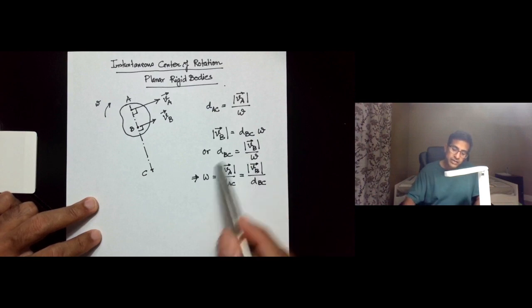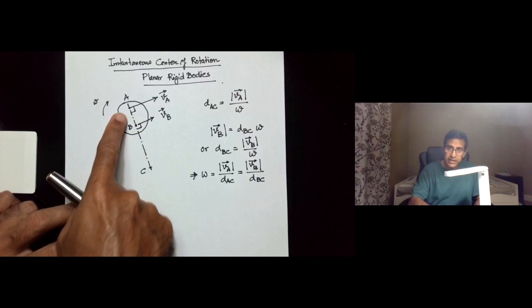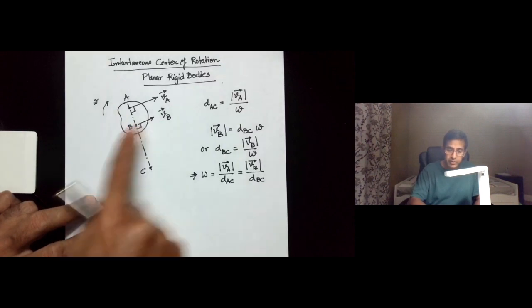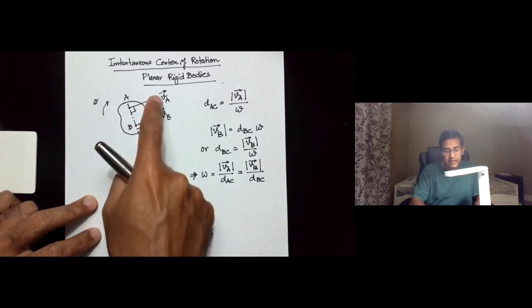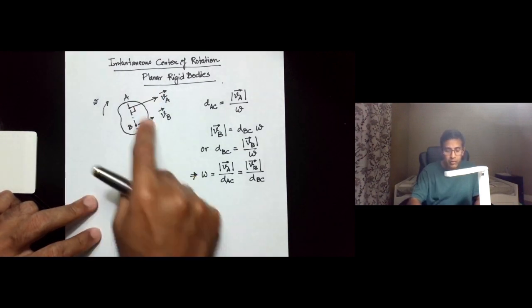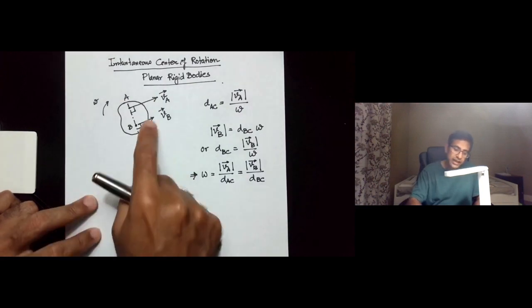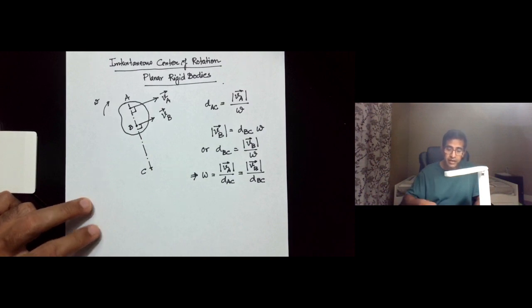And if you consider this geometric situation where VA divided by DAC is equal to VB divided by DBC, then what it is saying is that this right angle triangle with VA as one of the sides and this right angle triangle with VB as one of the sides are similar. They are similar triangles.